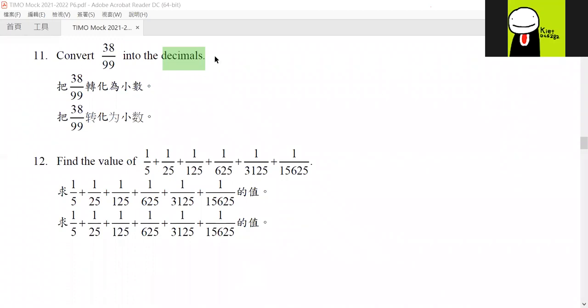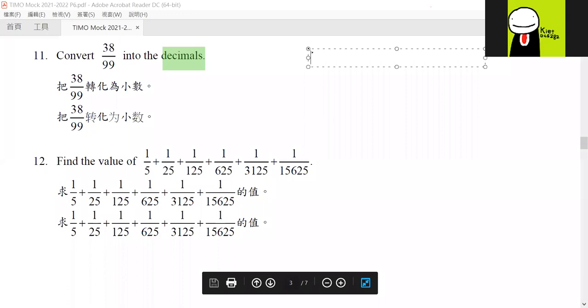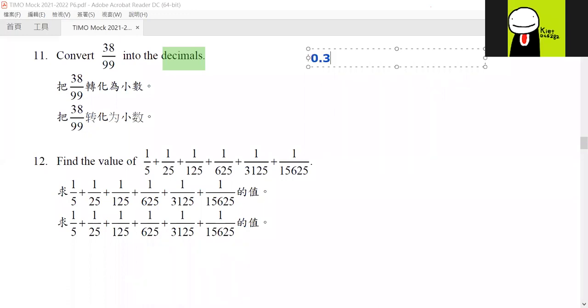So let me introduce a concept called the recurring decimal. Let's say something like 0.123, but unlike other decimals, there are two dots on top of it. What does that mean? It means it is a decimal, but instead of a finite decimal, it is infinite.